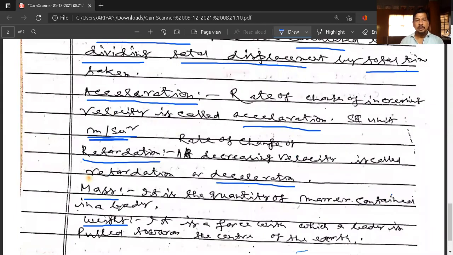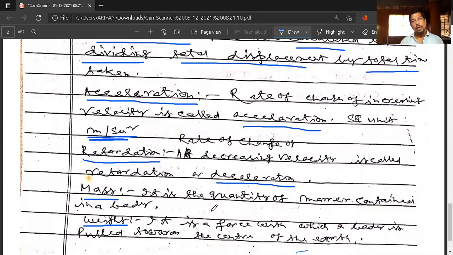What is mass? It is the quantity of matter contained in a body. Weight is the force with which a body is pulled towards the center of the earth. Now look at the difference between mass and weight. Mass is the quantity of matter contained in a body, and weight is a force with which the body is pulled towards the center of the earth.